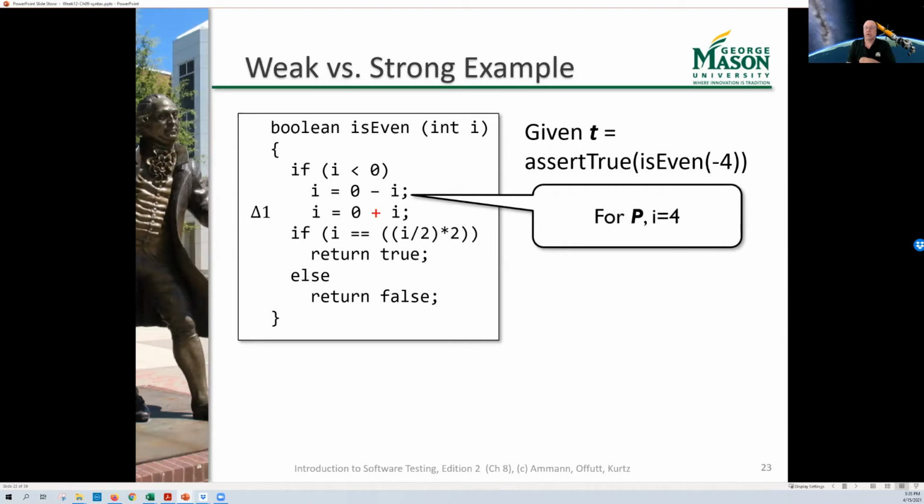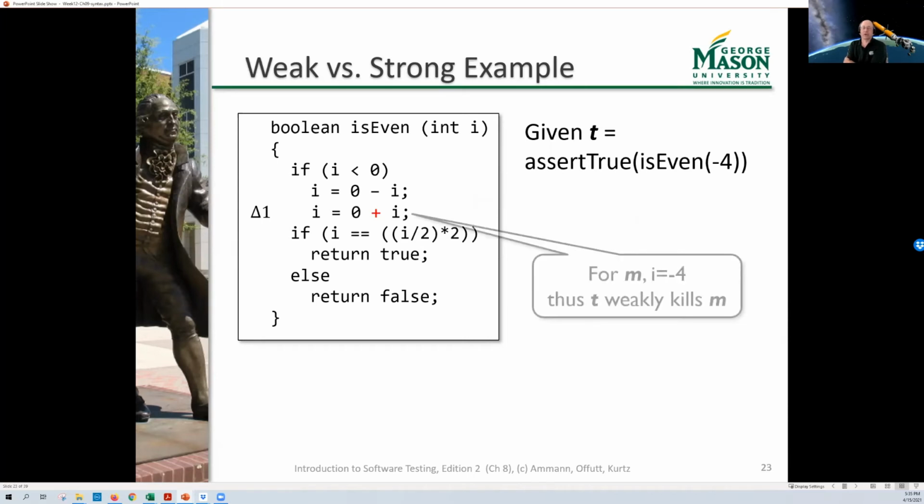So from a weak perspective, if we call this with -4, then for the original program, at this point when we execute i = 0 - i, i is equal to 4. For the mutant, i is equal to -4.